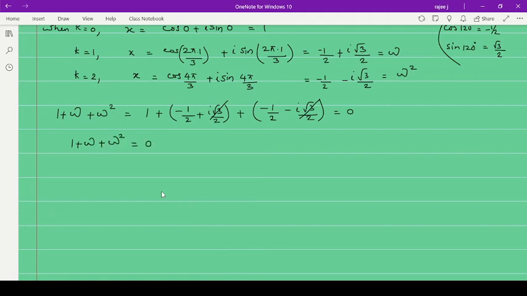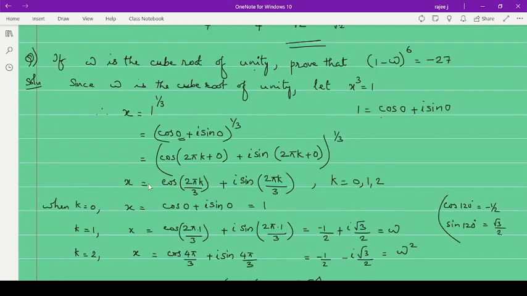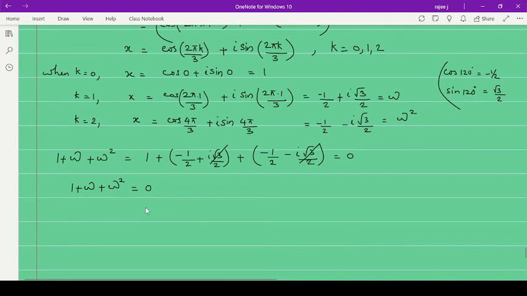And we started with omega is the cube root of unity. We assumed x cube equal to 1, so if you put omega instead of x, we get omega cube equal to 1. If you take the third power of that and simplify, you will also get 1.